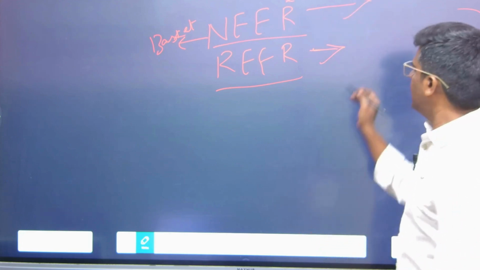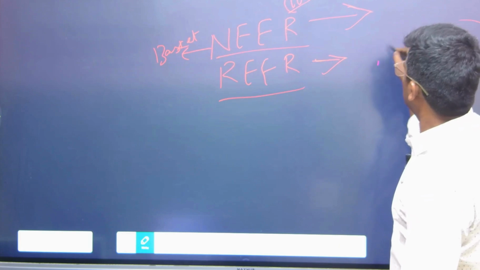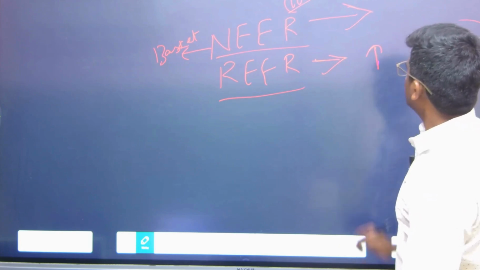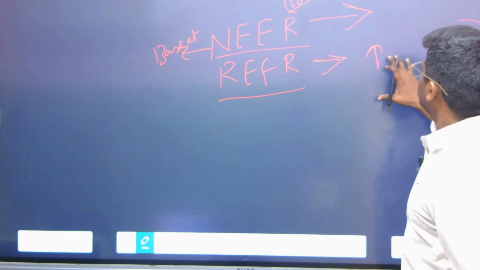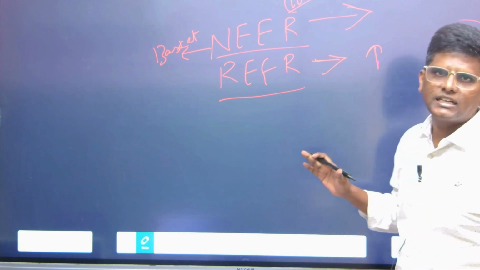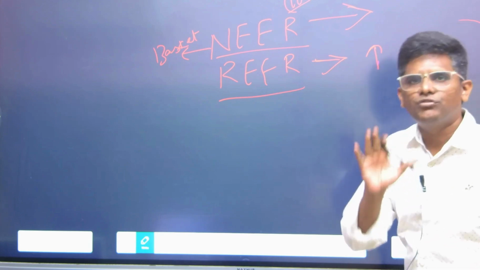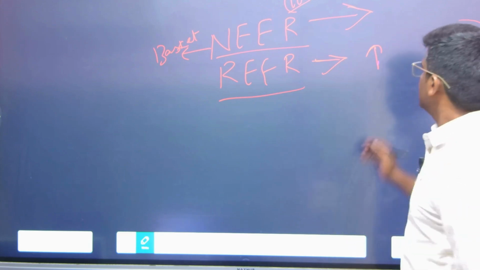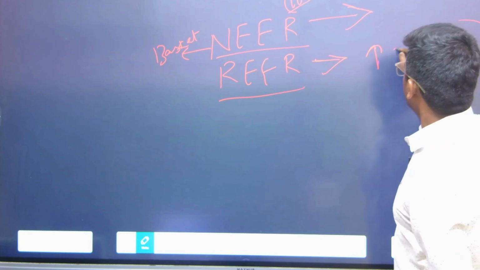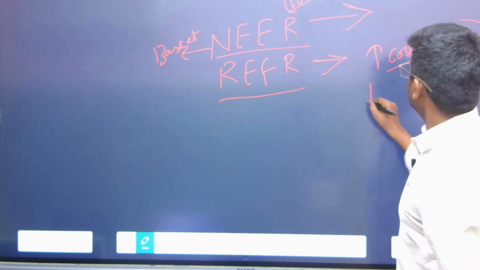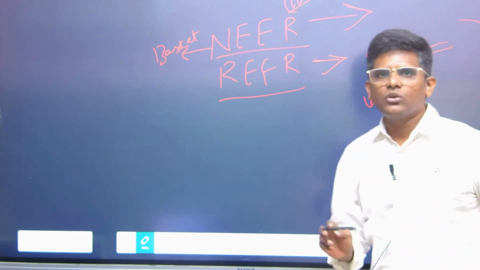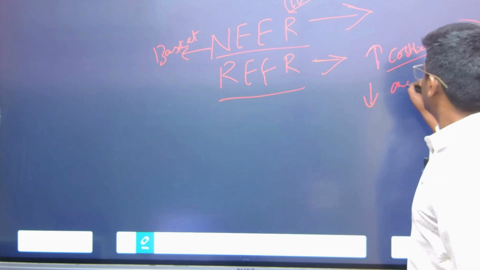Suppose if RER increases, what does it mean? It means our inflation is higher compared to foreign countries' inflation. That means our goods are getting costlier. If RER decreases, that means our goods are becoming cheaper.